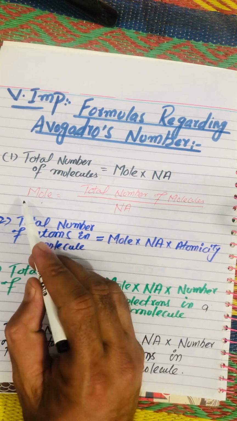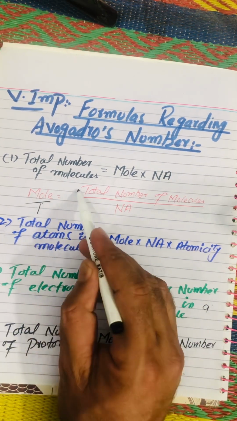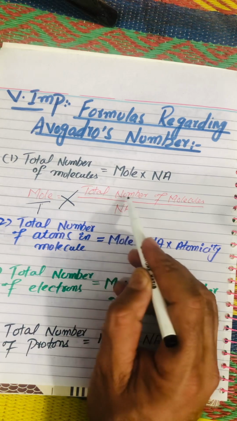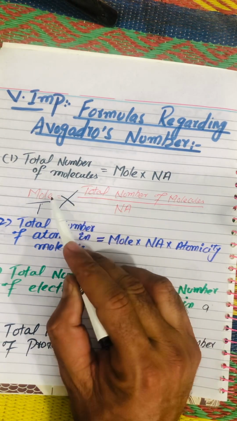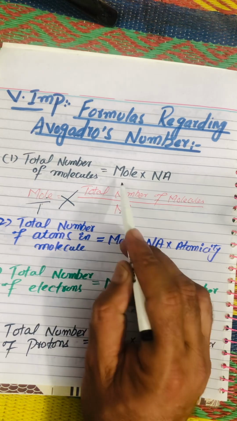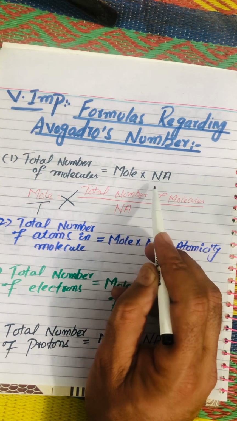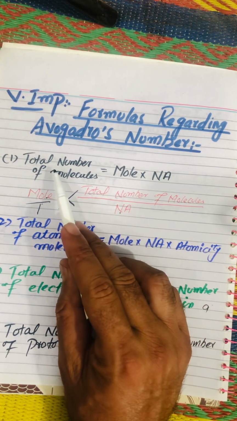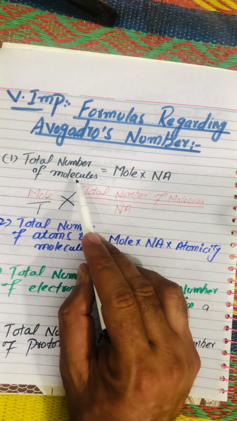So by cross multiplication, we will get number of molecules is equal to number of moles multiplied by Avogadro number. This is the simple formula for calculating total number of molecules.